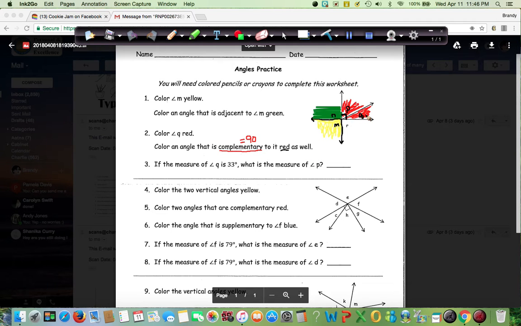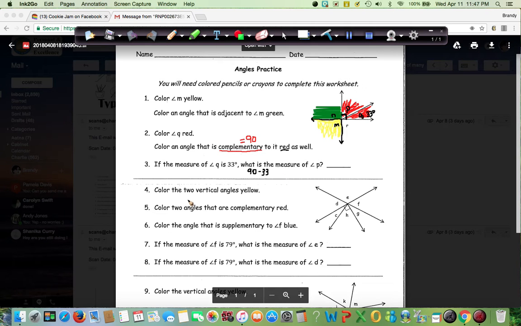They equal 90 together, and this guy is 33 degrees. How much does angle P have to be? Figure that out. We have to subtract. You take your total degrees, which is 90, and you're going to subtract 33. And that will give you the measure of angle P right here. You always want to put the bigger number in first so you don't end up with a negative.